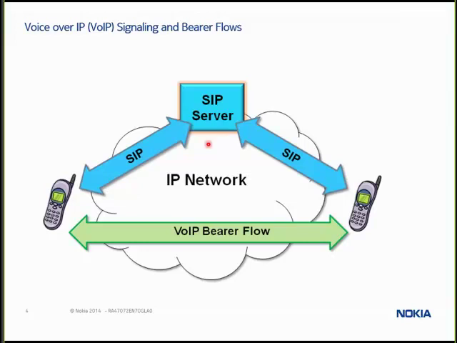I may have a SIP server involved to authenticate, and I'll have SIP communication between the subscriber and the server, ultimately to establish a communication path of signaling between two subscribers. Once we set that up, we're going to establish a bearer, which is going to carry the actual voice, but it doesn't go through the server. It goes between two endpoints.